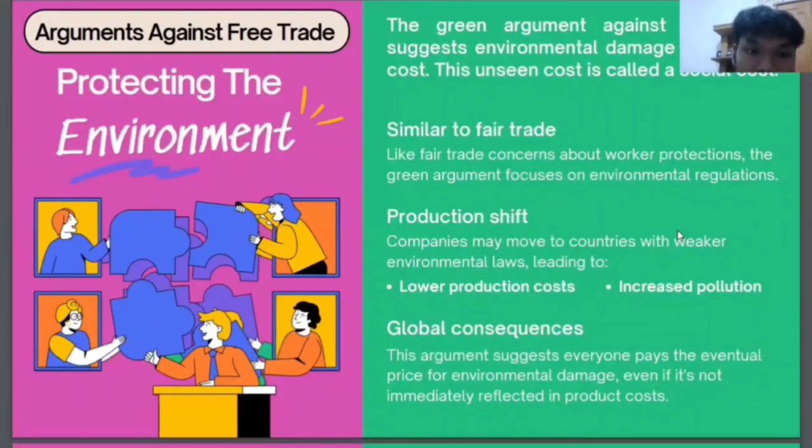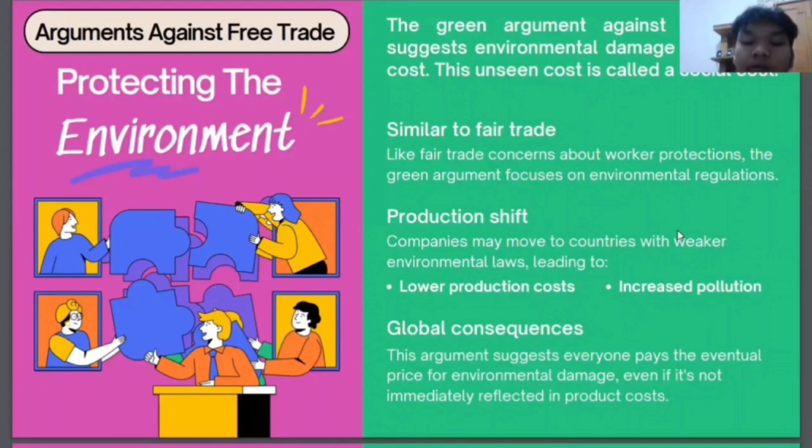The next argument is protecting the environment. The green argument against free trade suggests environmental damage is a hidden cost, and this unseen cost, like pollution causing climate change, is called a social cost. Similar to the fair trade concerns about worker protections, the green argument focuses on environmental regulations and production shift.